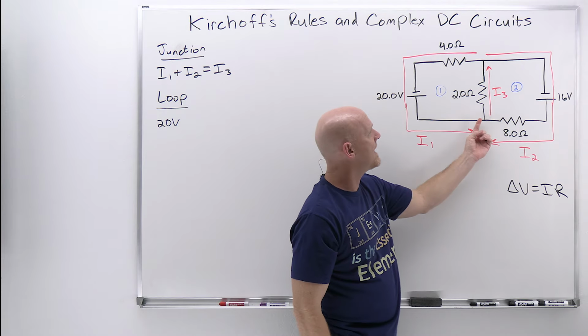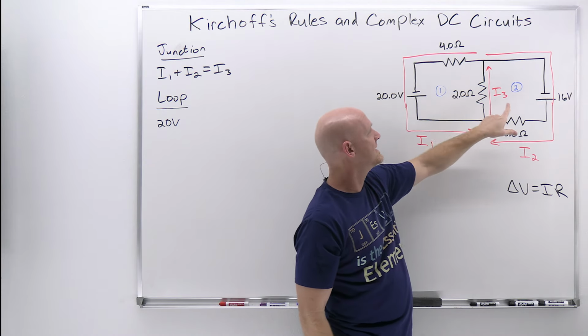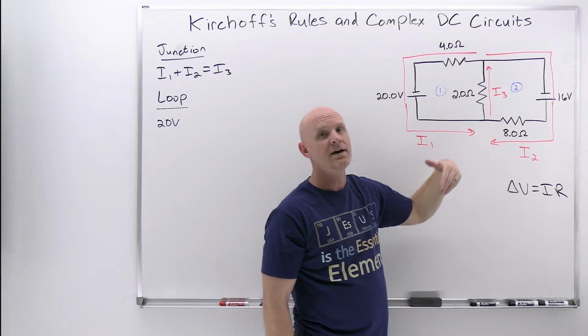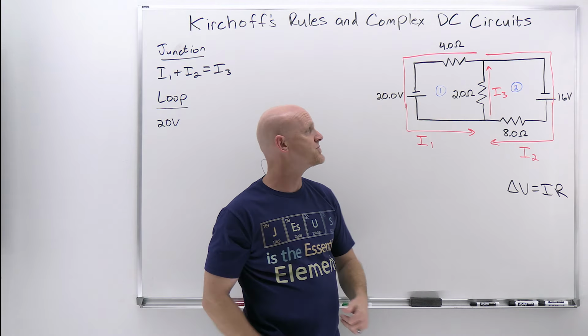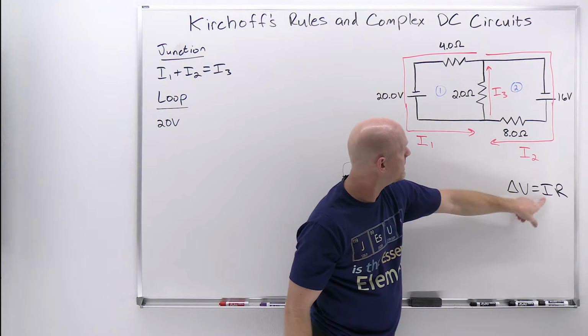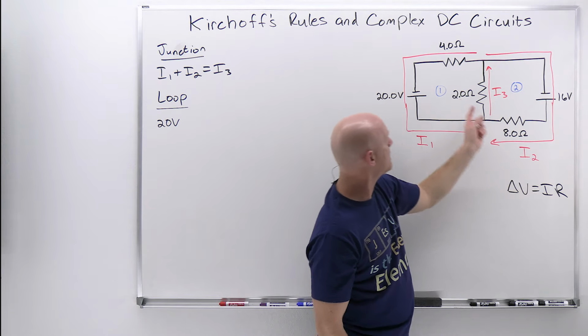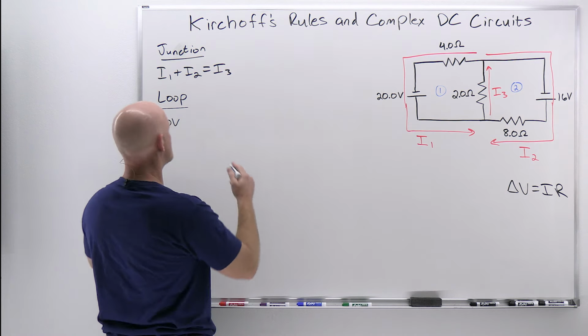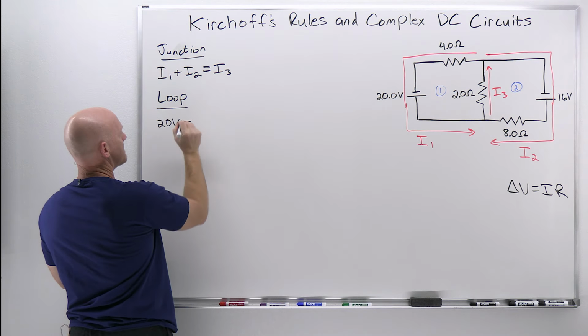In this case, we're encountering that resistor in the same direction as the current we drew on the diagram, I3, and when that happens, you get the voltage drop. So it's going to be I, which is I3, times R, which is 2 ohms. It's a voltage drop, so minus.